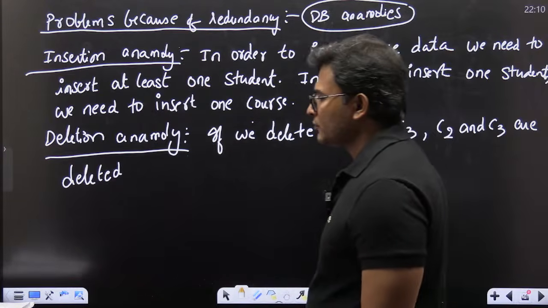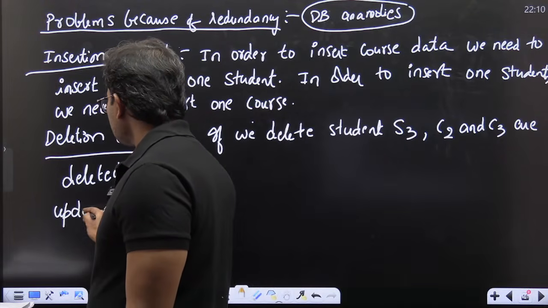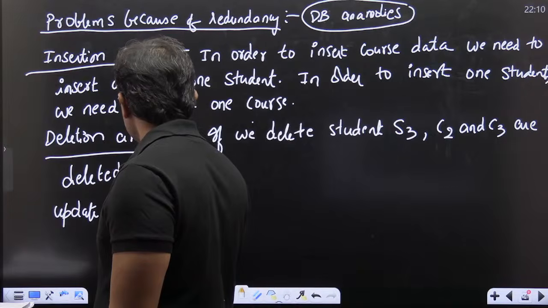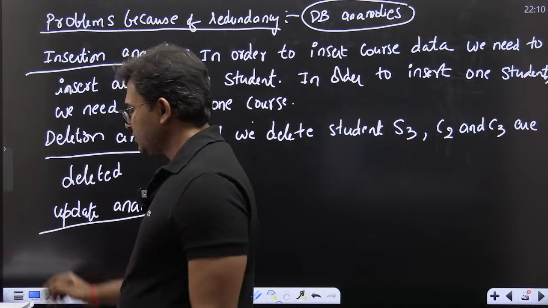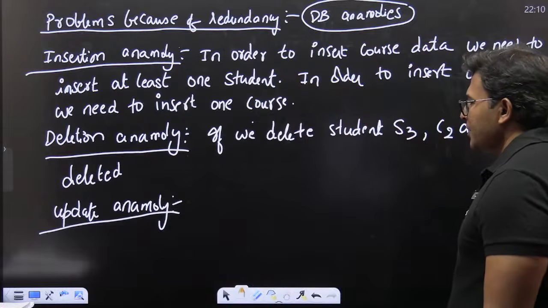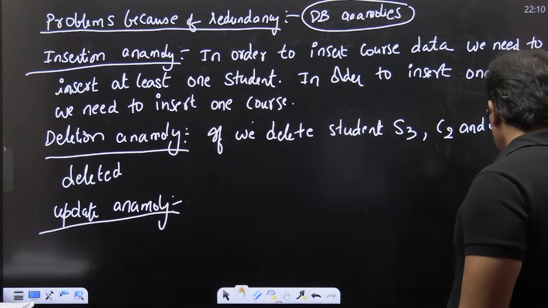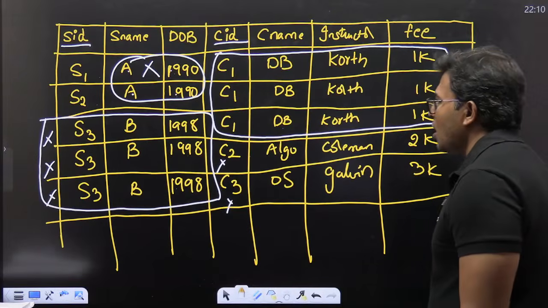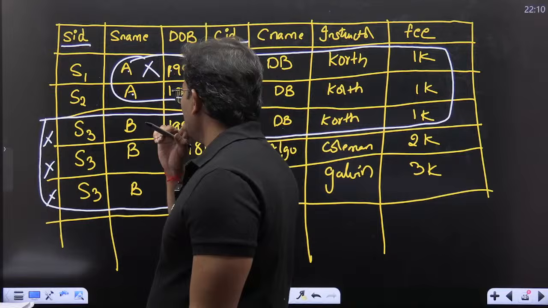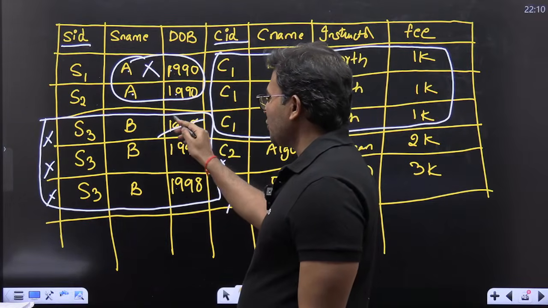And then there is update anomaly, which means when the data is redundant, some of the updates may be applied to some of the data, but not to all. Let us say I want to change the date of birth of S3 to 2000.